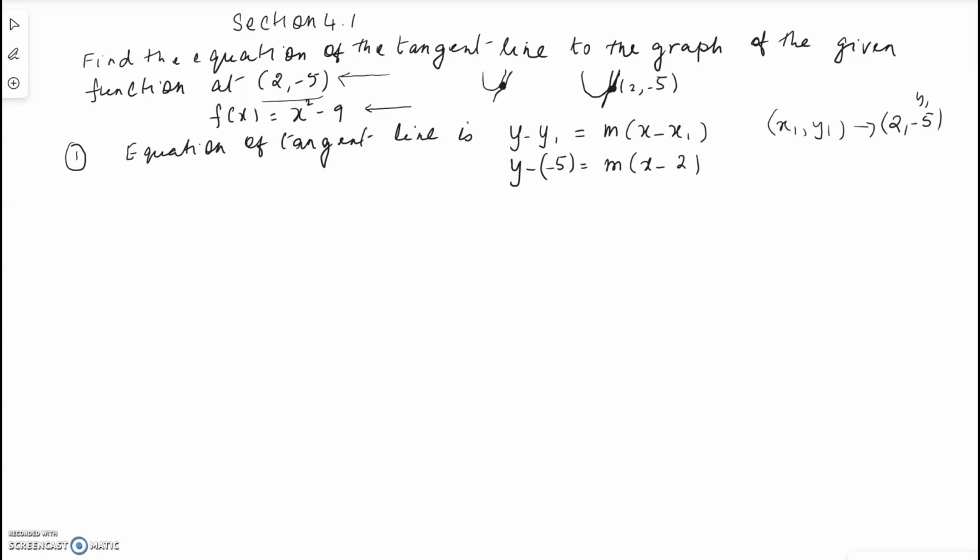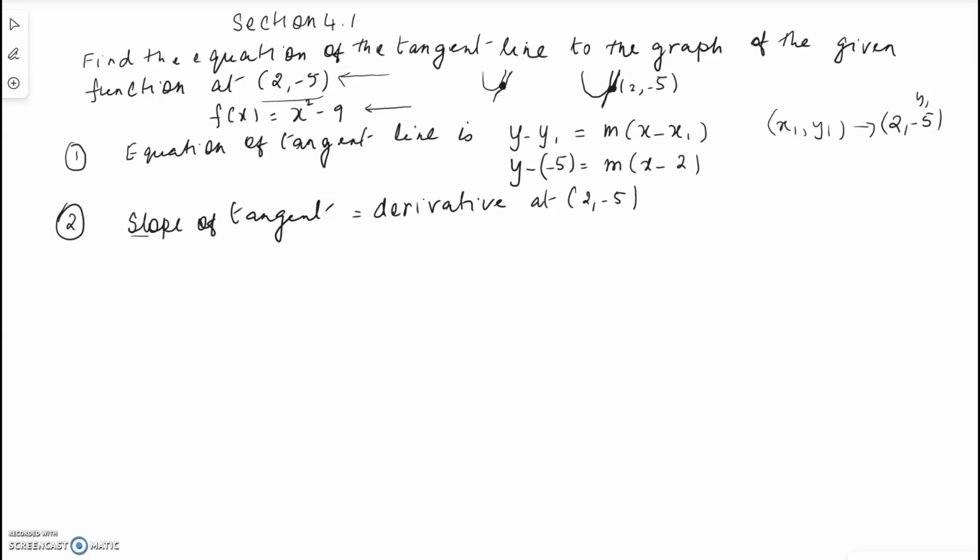So the only thing left now is to find the slope of the tangent line. The slope of the tangent line to any curve is equal to the derivative of the graph at that particular point, so at 2, negative 5.